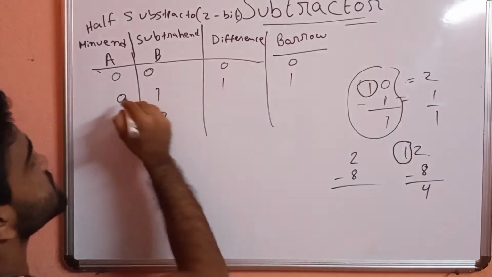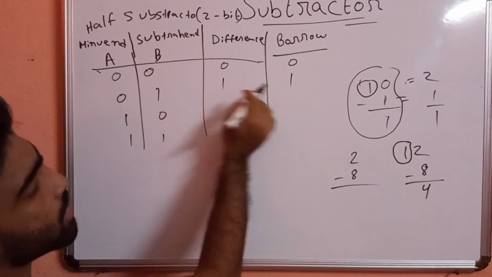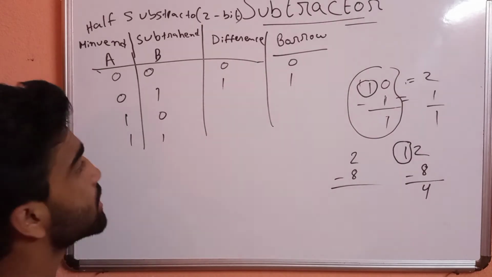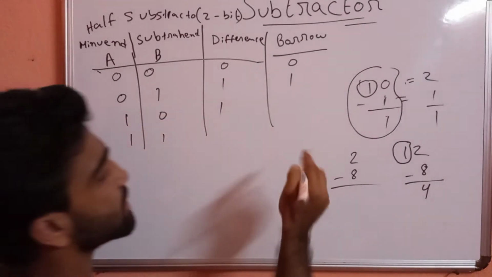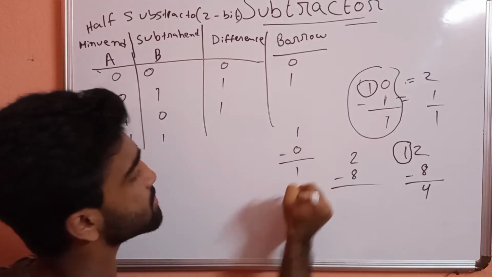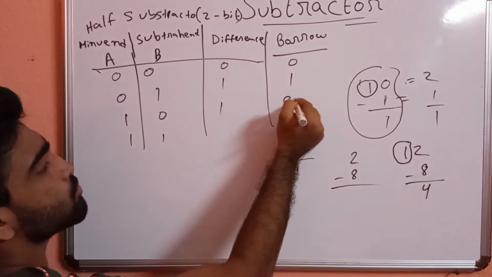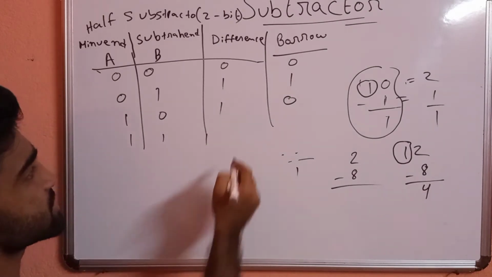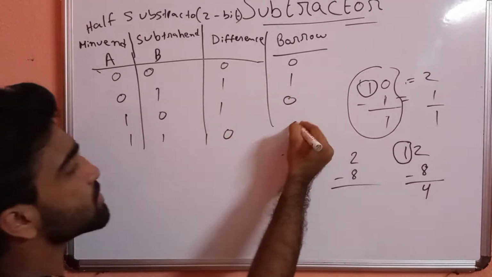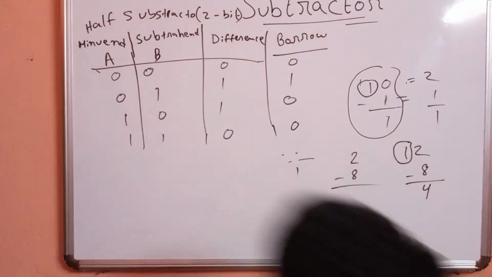That means for 0 and 1, the difference will be 1 and the borrow will also be 1. Now for 1 0, the difference will be 1 and the borrow will be 0. And for 1 1, the difference will be 0 and the borrow will also be 0.